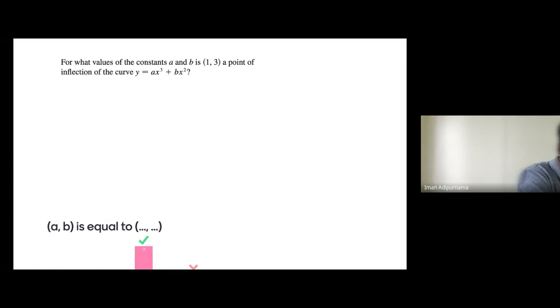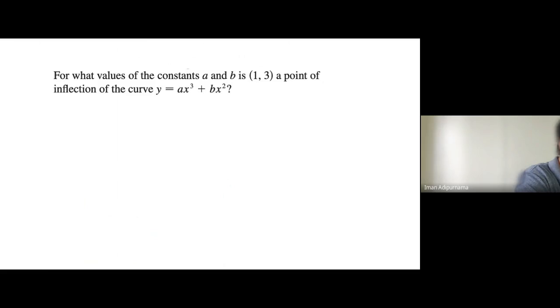So I hope you understand the question. For what values of the constants a and b, for the function y equals ax cubed plus bx squared, is (1, 3) a point of inflection?